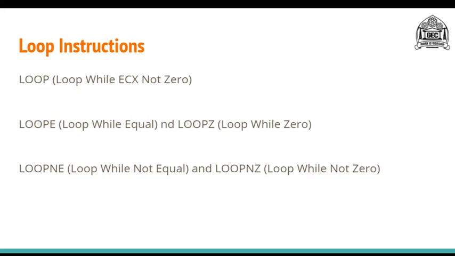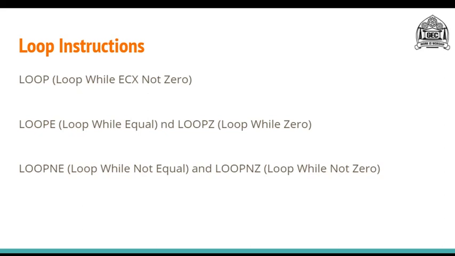Your first loop instruction is the standard loop instruction. It will go on iterating until ECX becomes 0. Whenever ECX is not equal to 0, it will keep on iterating over the block of statements and keep on decrementing the content of the ECX register.